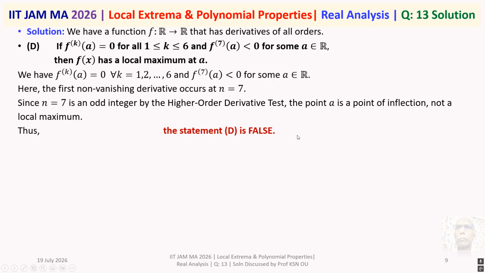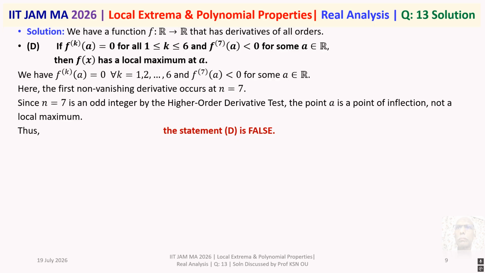Right. Rather than looking for a counterexample, invoking the higher order derivative test and noting that the non-vanishing derivative occurs at n equal to 7, which is an odd integer, we can say there is no local maximum at a. Thus, the statement D is false.